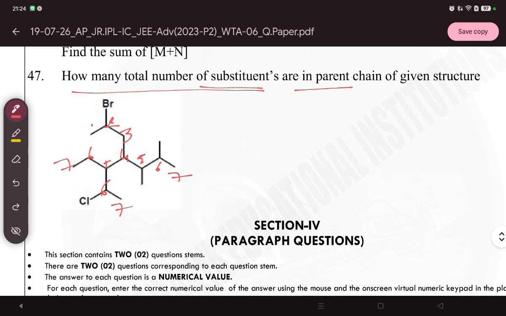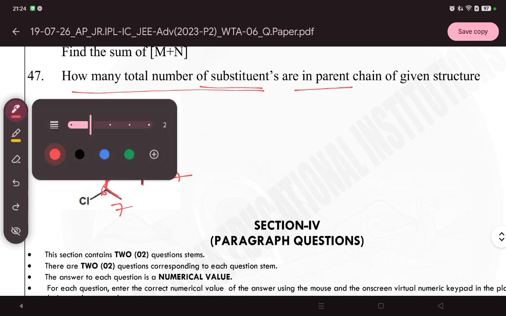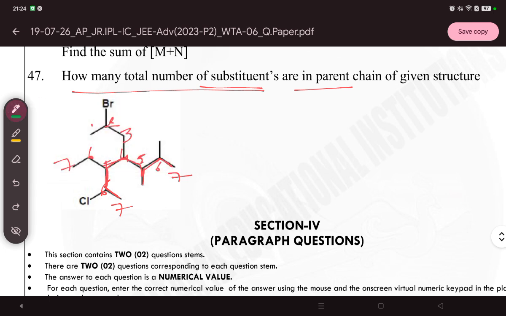For selecting the root word, you have to select the one with more side chains presented. Both sides are numbering the same, then whichever is highly substituted is the root word. For this compound the root word is 1, 2, 3, 4, 5, 6, 7.